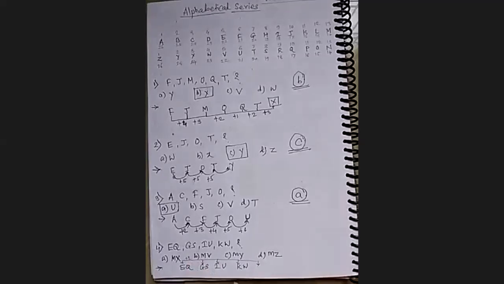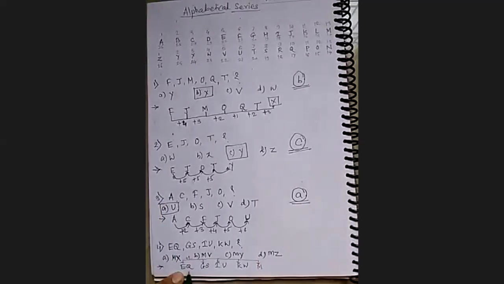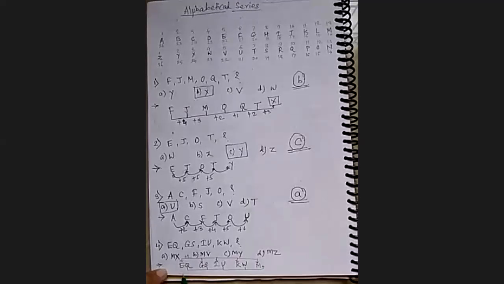So if you add +2 to E, you will get G. G +2 is I, +2 is K, +2 will be here M, right? So K, L, M. So the first is M, therefore M. Now again there will be a relationship between Q and S and U and W, and obviously the last one, which is the second letter of your answer, right?